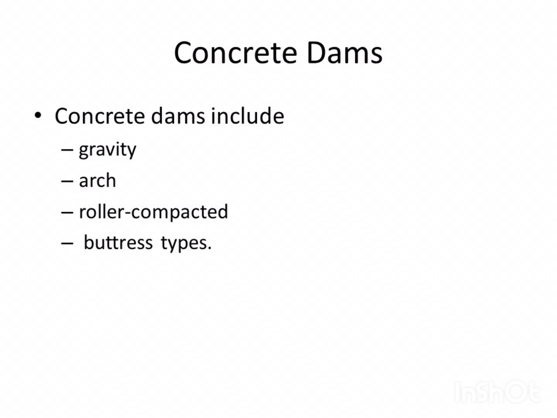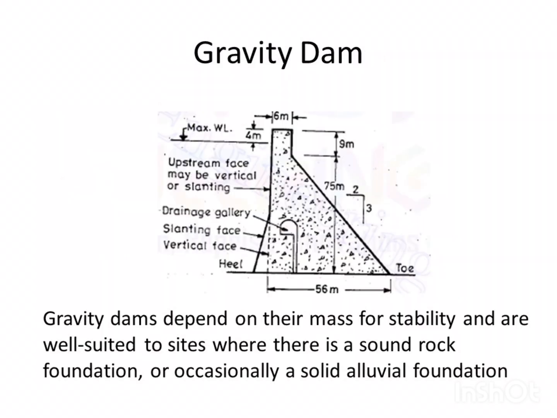So, concrete dams include gravity dams, arch dams, roller compacted dams, buttress type dams, etc. So, what is a gravity dam? Gravity dams resist the water force based upon their weight.